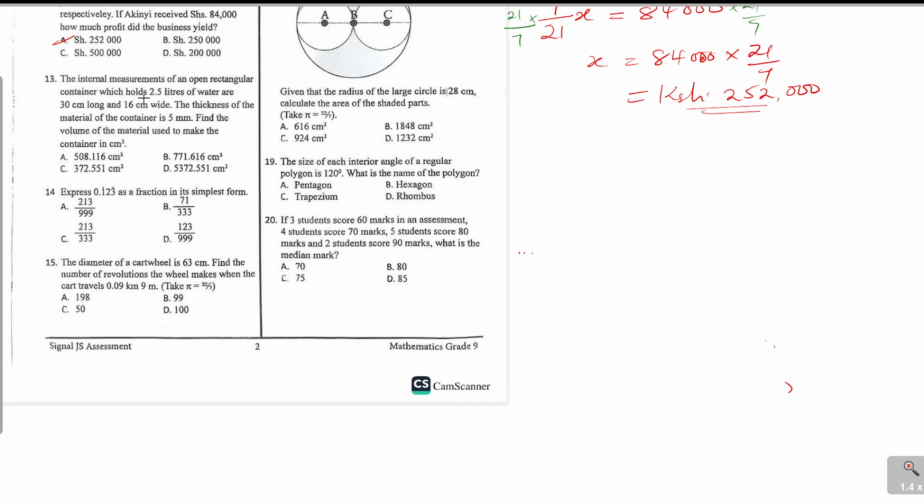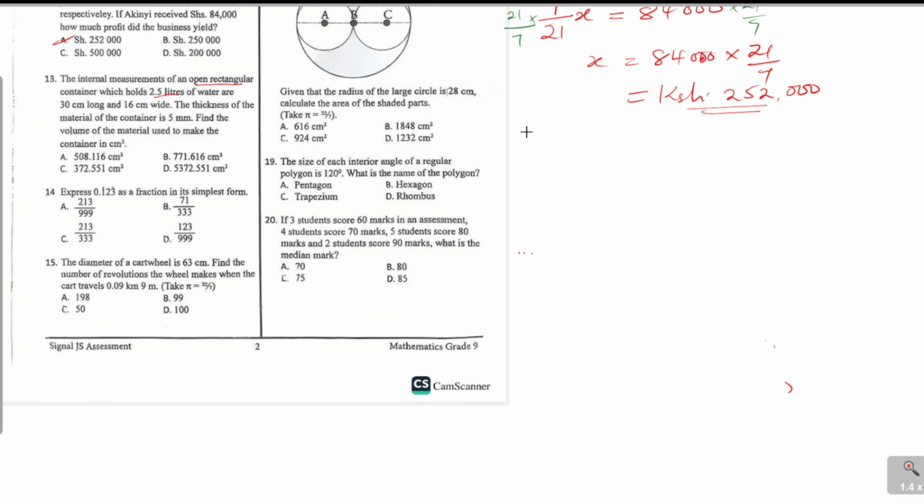So the internal measurements. This one is an open rectangular container. It holds 2.5 liters. And since I can see the units are given in centimeters, and definitely when you get the volume, we get the volume in centimeters cubed, we need first to convert 2.5 liters to centimeters cubed.